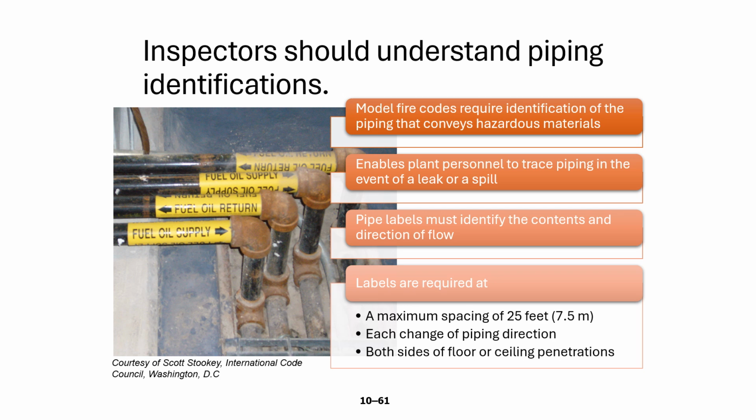Such identification enables plant personnel to trace piping in the event of a leak or spill and stop the event by closing a valve. Pipe labels must identify the contents and also the direction of flow.